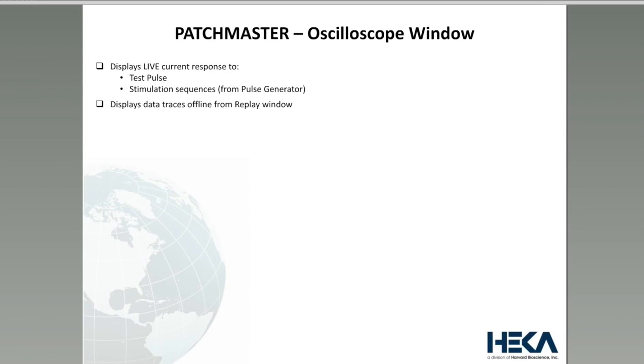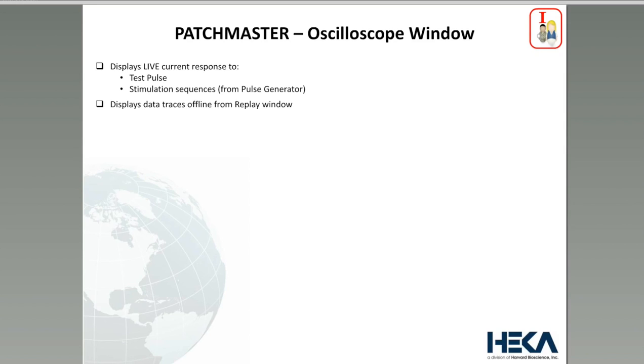One, it displays the live current response to either the test pulse or to a stimulus sequence. The second function of the oscilloscope window is that it displays the current response of a data trace that has been recorded earlier.